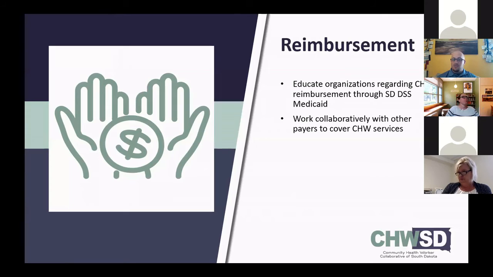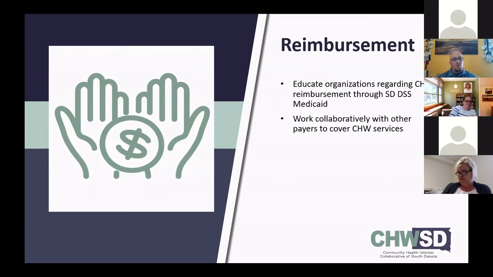And through our nationwide environmental scan of the other 49 states, as well as through interviews with our key states that we've connected with as well, we have found that Medicaid reimbursement kind of leads the way for other payers to cover CHW services as a reimbursable service, whether it's through private insurance or other payers. So reimbursement is certainly something that we'll continue to work on and continue to work with other payer sources in South Dakota to better expand the community health worker reach within South Dakota.